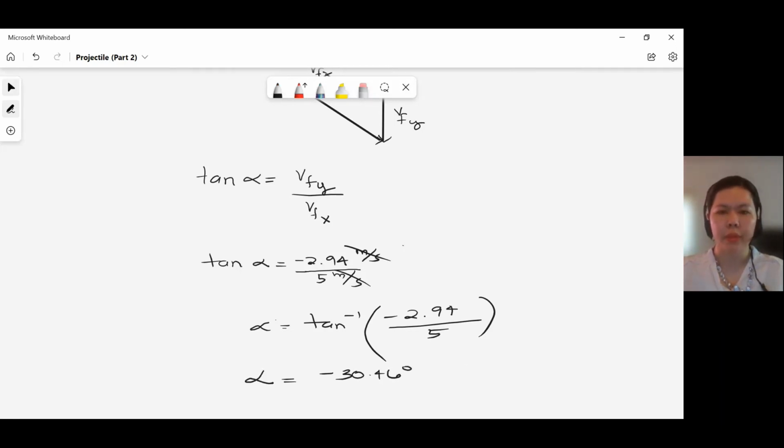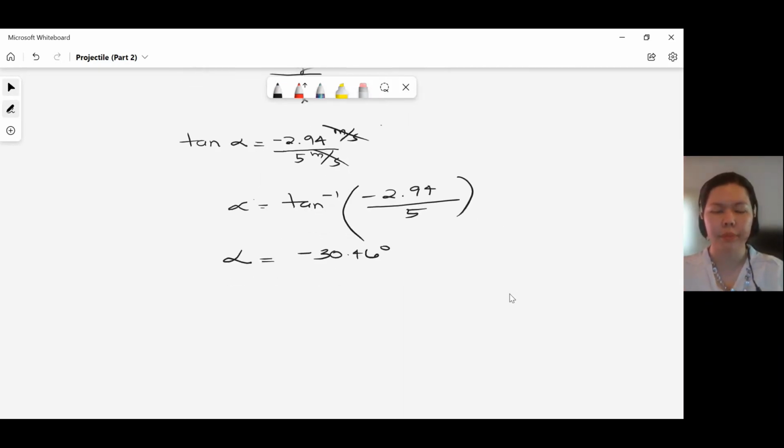This means that it is below the horizontal. Or you may say 30.46 degrees south of east. South of east, below the horizontal.